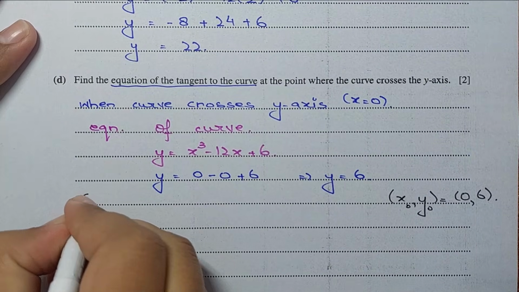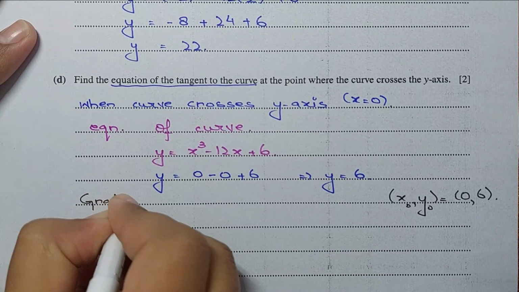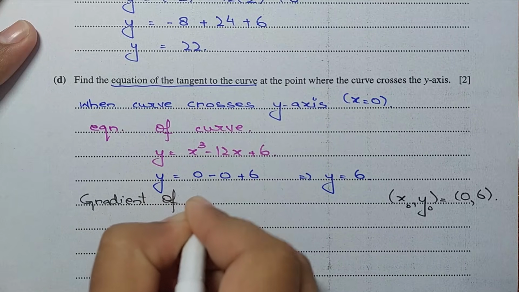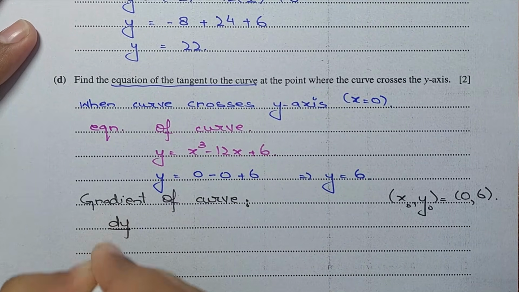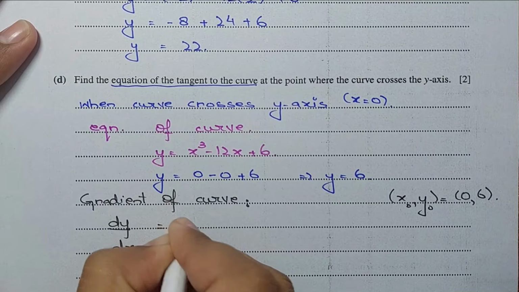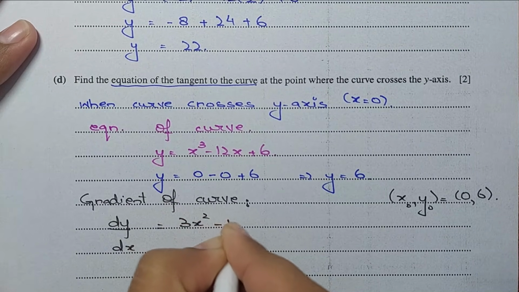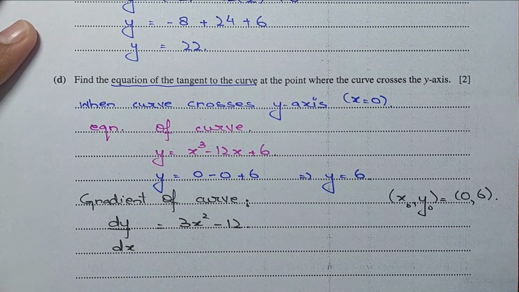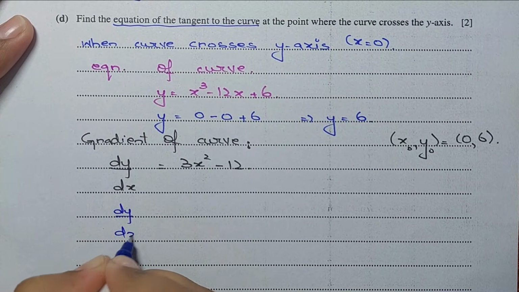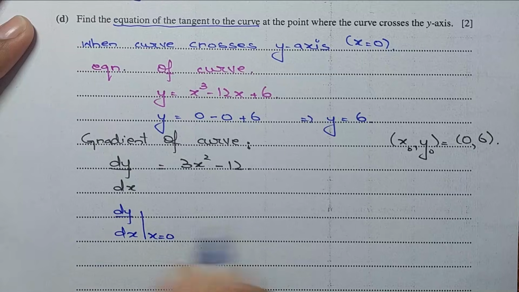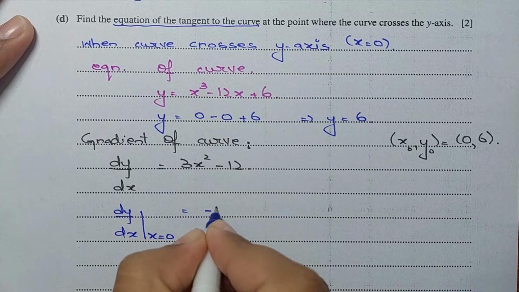So the gradient of the curve is dy over dx, which is equal to 3x square minus 12, right? So what is dy by dx at x equals 0 at this point? So this is negative 12.